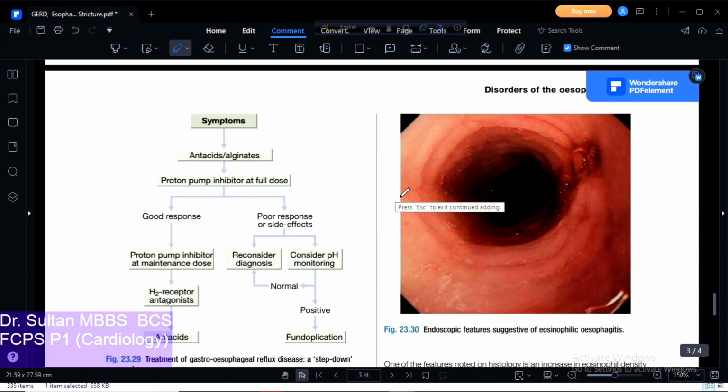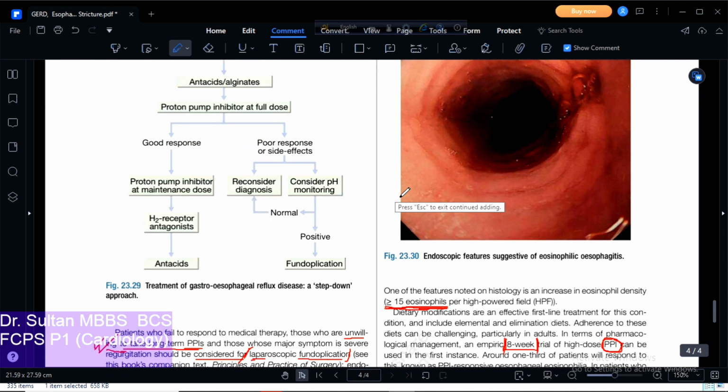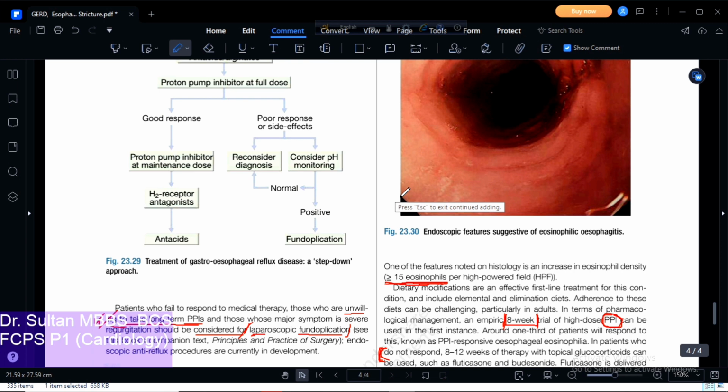So what are the other drugs you can use in GERD? You can use antacids, alginates, proton pump inhibitors, and H2 blockers. This is the medical therapy. If the medical therapy is not effective, or the people are not willing to take long-term medical therapy, then there can be laparoscopic fundoplication.